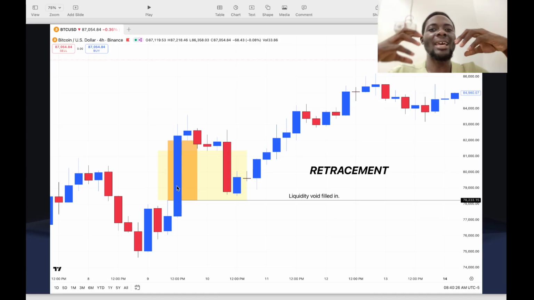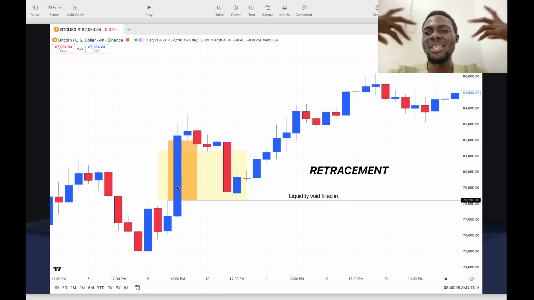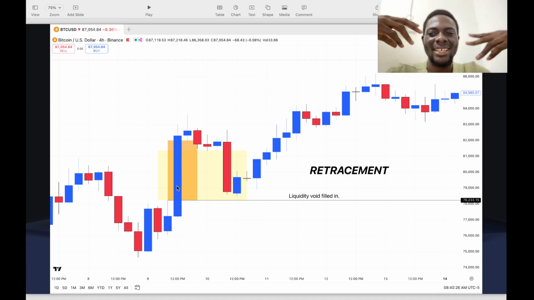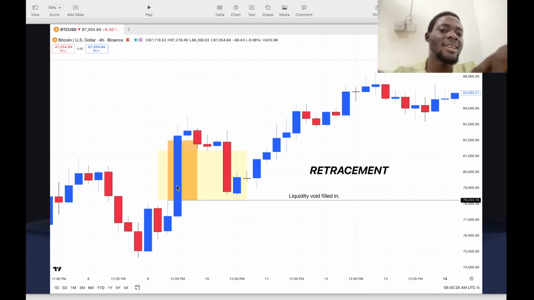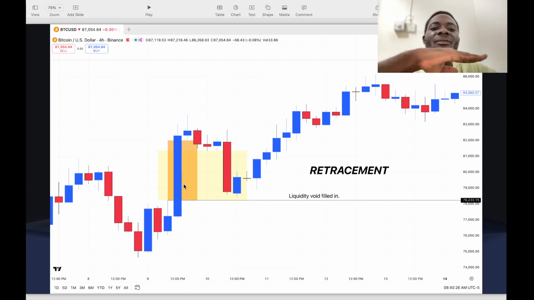A void is like a space, a vacuum. Like someone can say, I feel a void in my life. They feel some vacuum in their life, like there's a hollow space. You understand? Now, with this void, they reprice price to this level to make sure there's fair valuation in price.